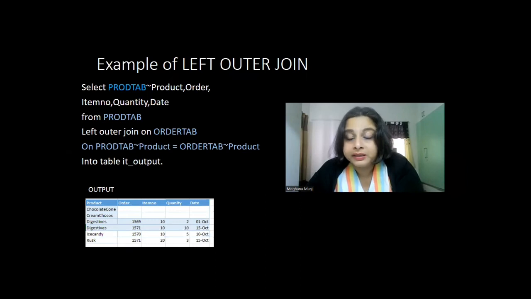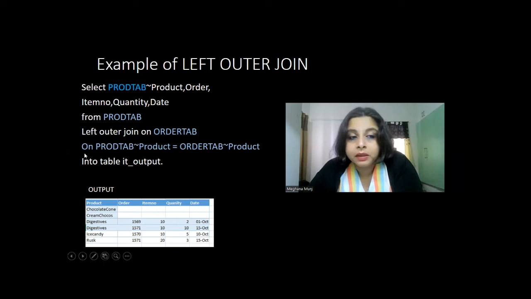Now, the select query which I will write for the left outer join is select prod tab title product, comma order, then item number, quantity, and date from prod tab. Now prod tab is the first table which I have written in the join. So it is the left hand side table, and it is followed with left outer join on order tab.